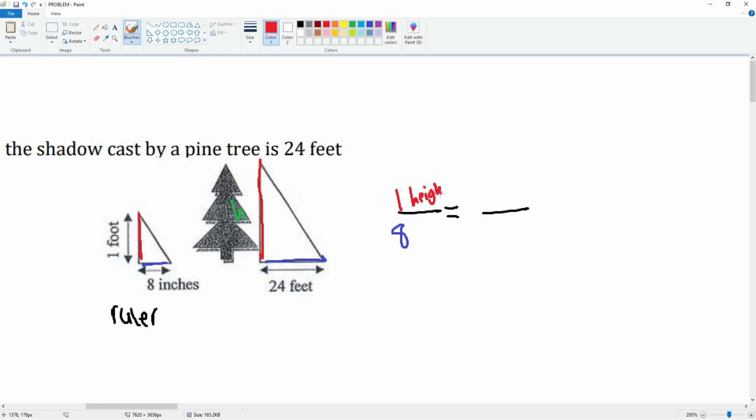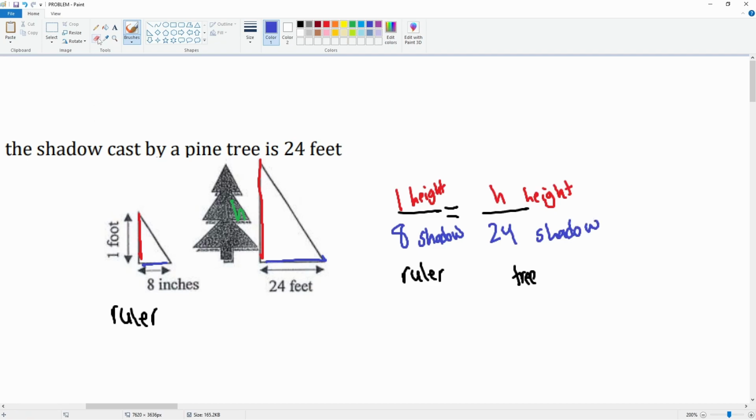This is the height, and this is the shadow. And this was your ruler, of course. And this is going to be the tree. The height of the tree we don't know, but we know that the shadow is 24 feet. And that's going to be 24 feet for the shadow.